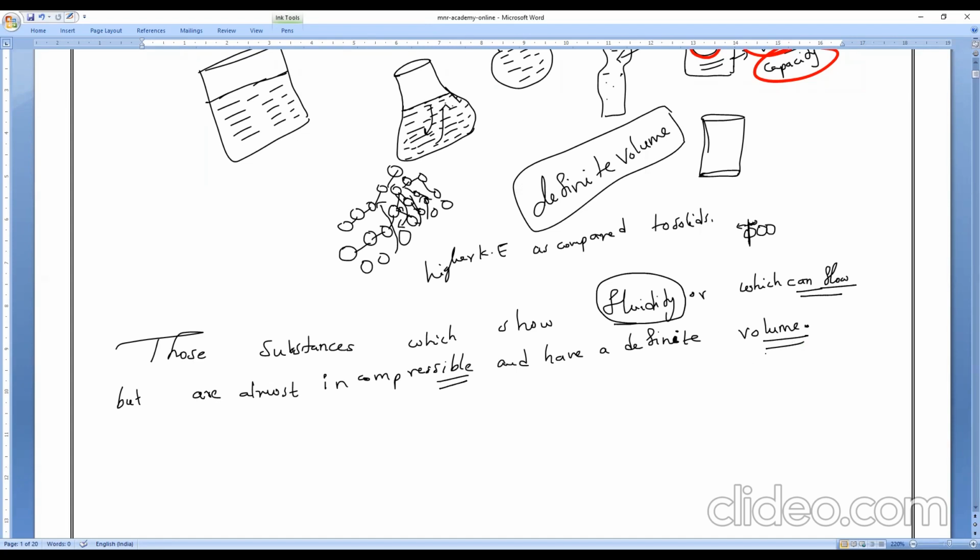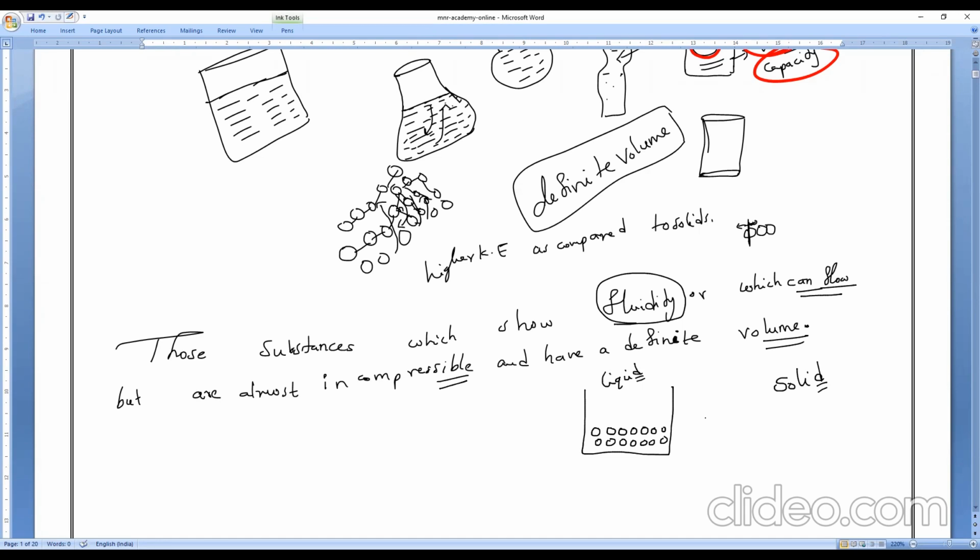In these liquids, the particles are somewhat loosely packed compared to solids, so they have larger spaces than solids. They do not have a proper ordered arrangement. In solids, there is a fixed arrangement of particles, but in liquids there is no proper arrangement.